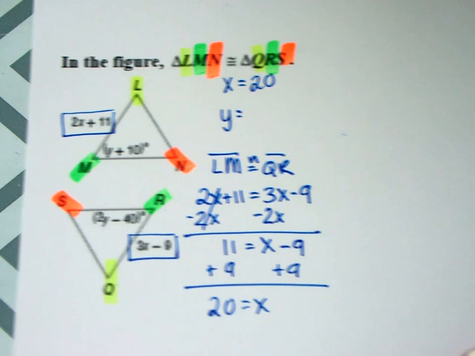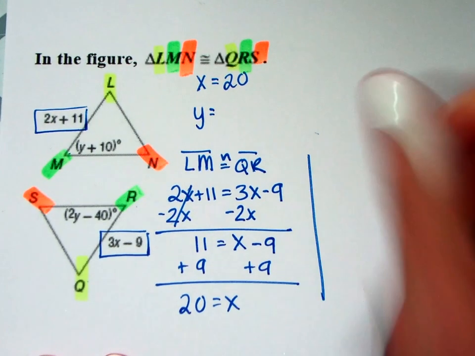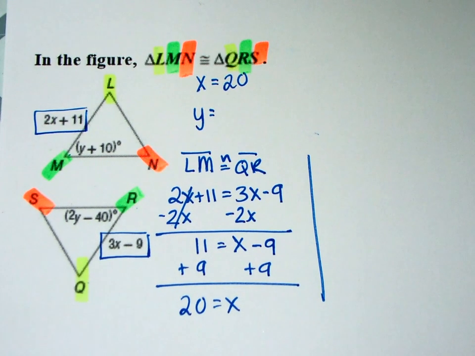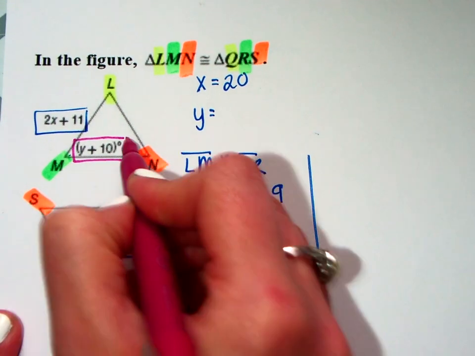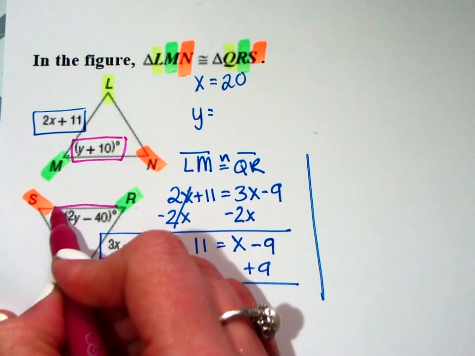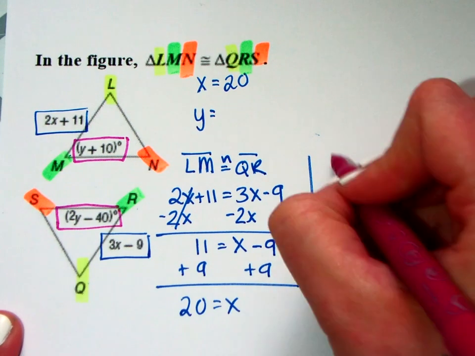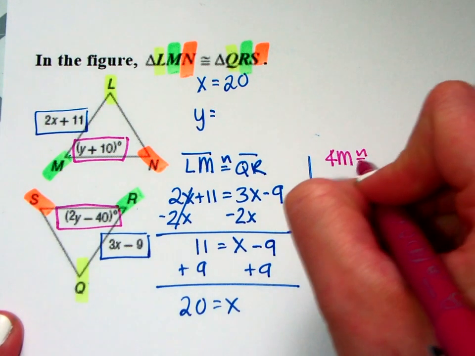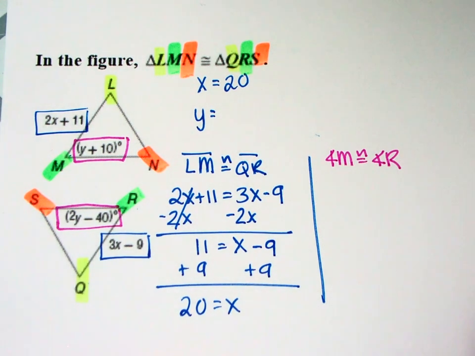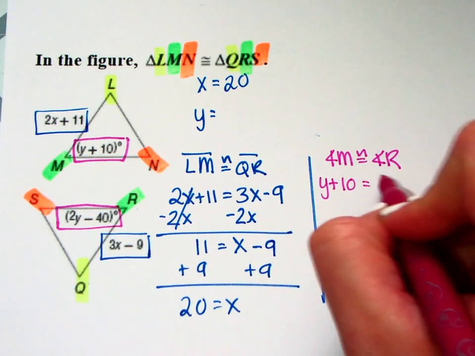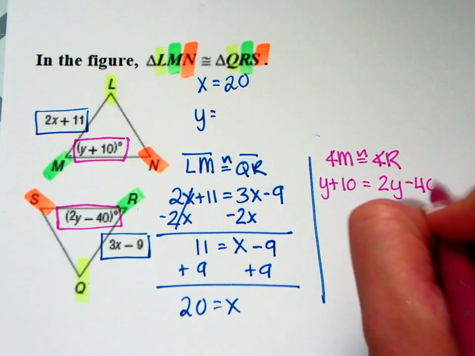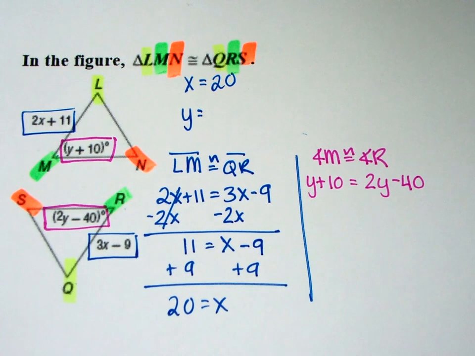Next, I'm going to go ahead and solve for my y value here. I'm going to switch pens so it doesn't get all confusing. So I find my next variable, y plus 10 at M, and I know that M and R are congruent. So angle M is congruent to angle R. And then I'm going to go ahead and solve. Angle M is y plus 10, and that's going to equal 2y minus 40. Take the time to draw on your picture.